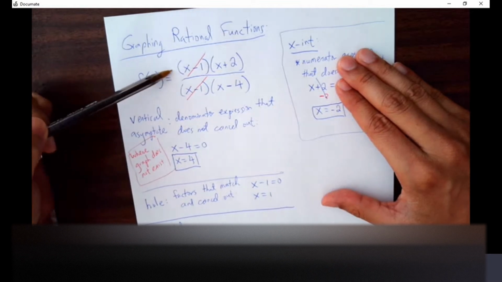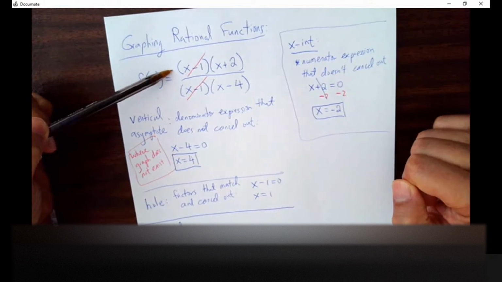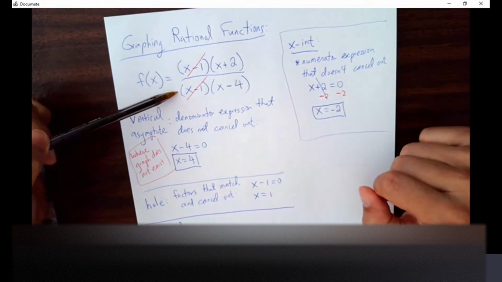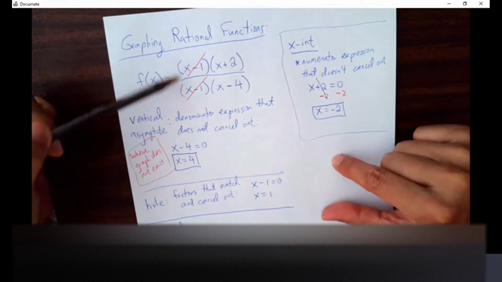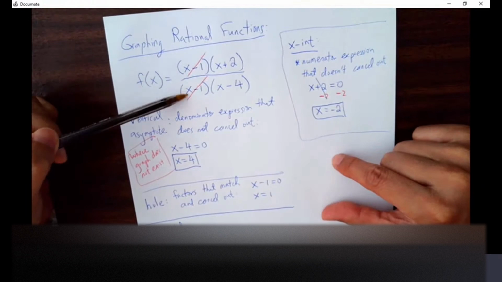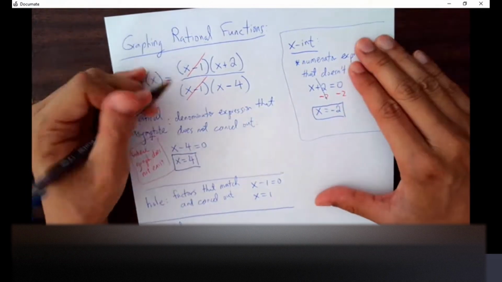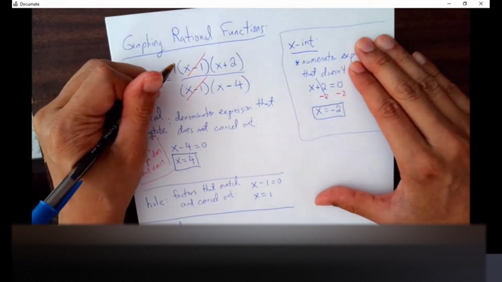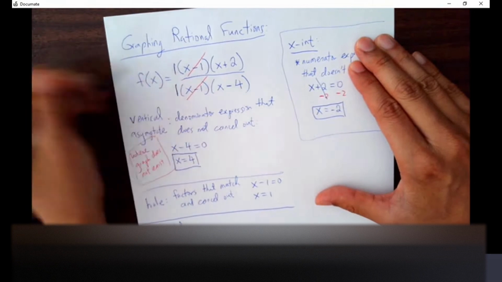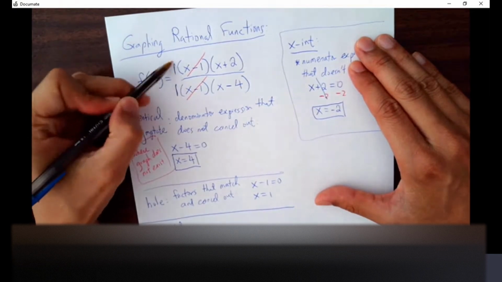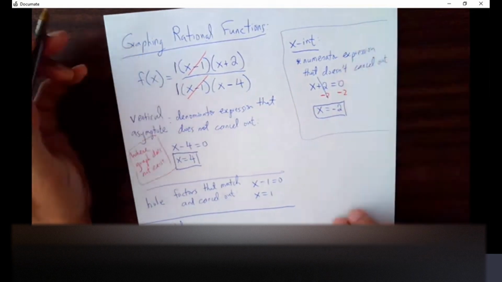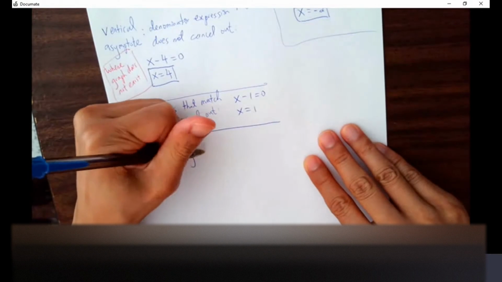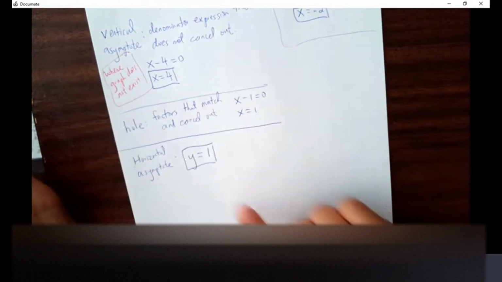How many x's are there in the numerator? 2. 2. How many in the denominator? 2. So if the numerator and denominator are the same, then the horizontal asymptote is just going to be the number in front divided by each other. So there's a hidden 1 here, so 1 over 1 is 1. And it always is going to be a y equals.